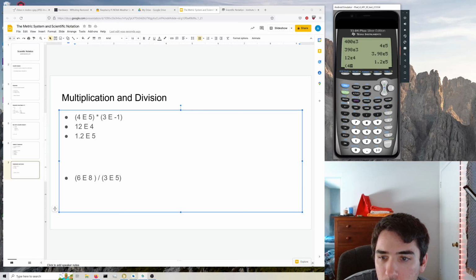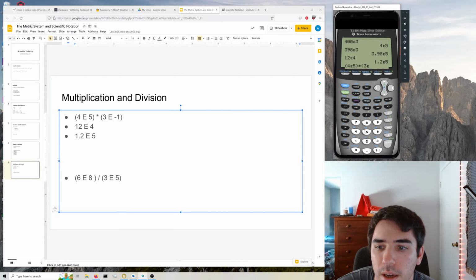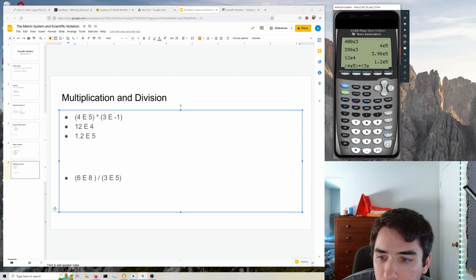So 4 second e5 times 3 second e, whoops, I accidentally hit alpha, there we go. E negative 1.